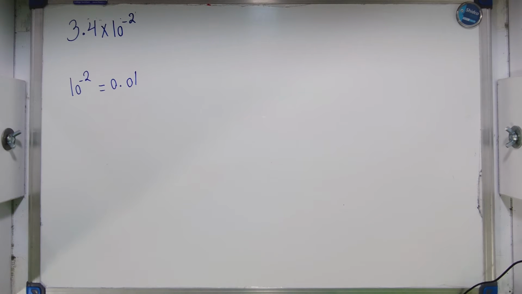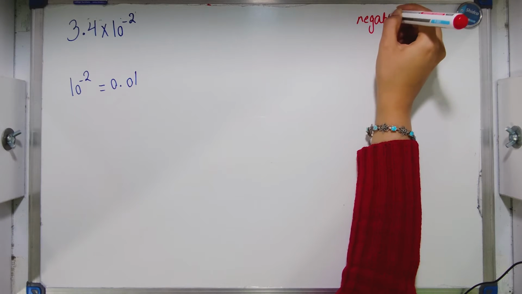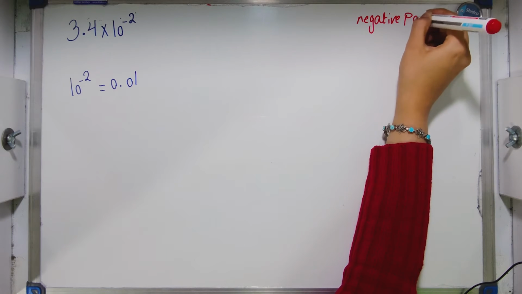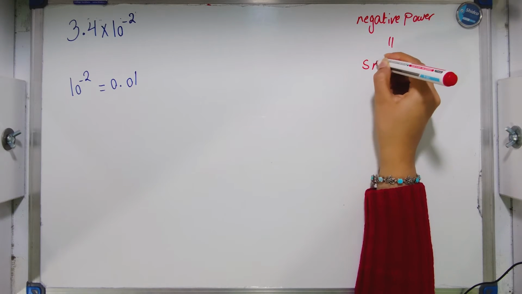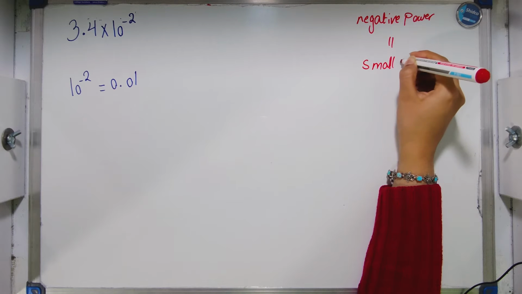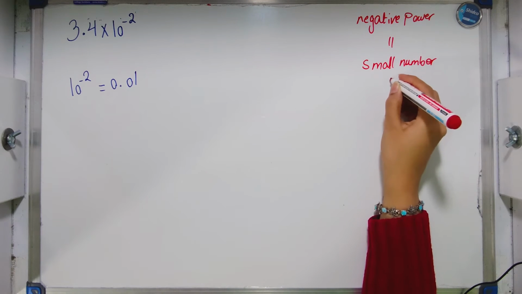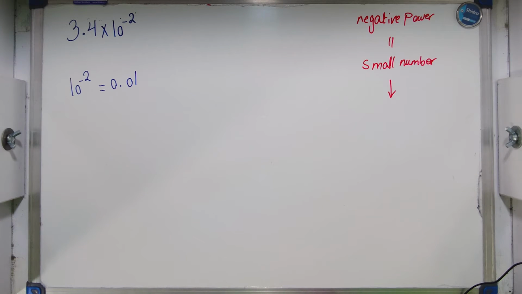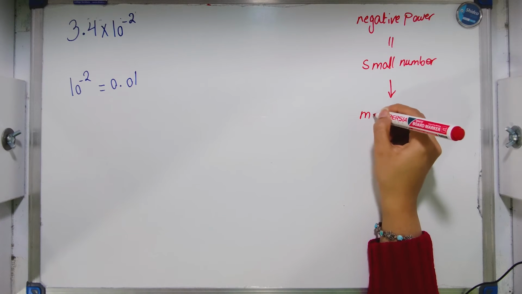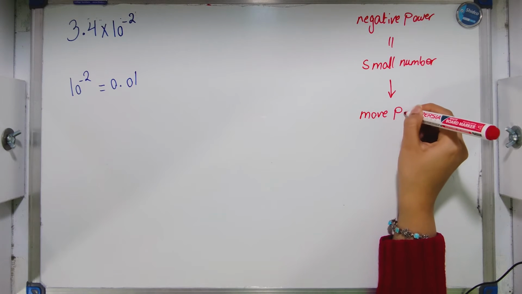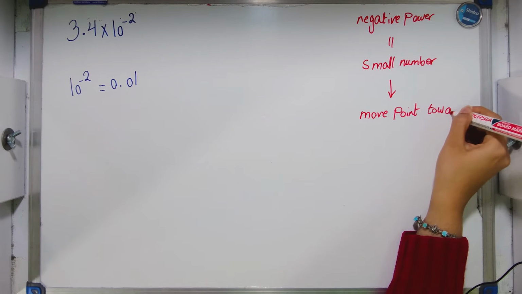So let me just write here. Negative power, we are talking about a small number. You're making your number smaller. And so you are moving your point toward the left. So move the point towards the left.